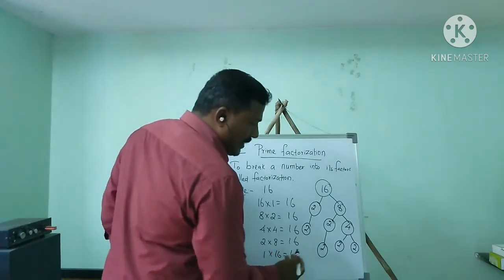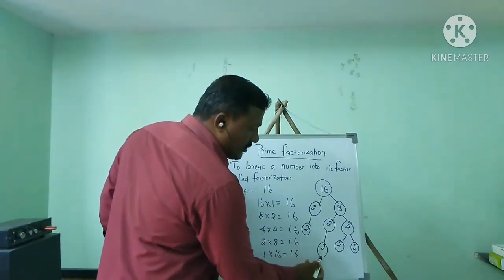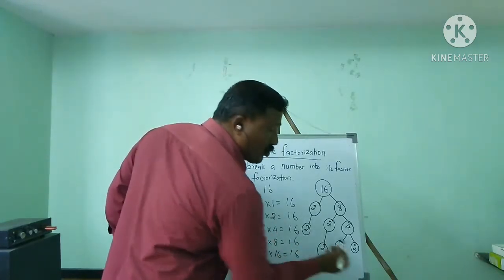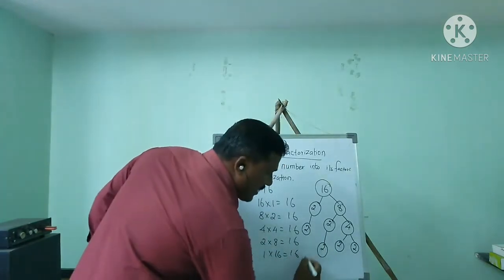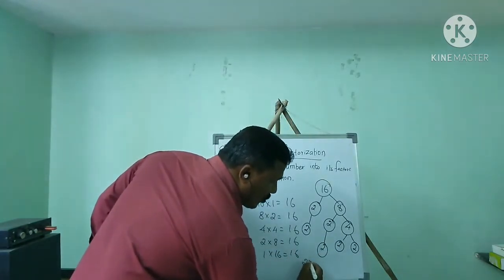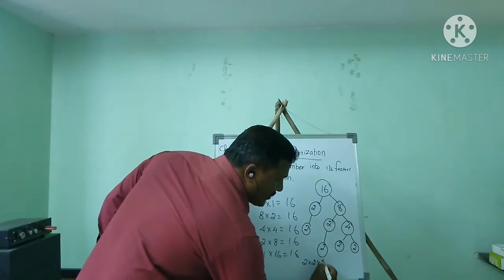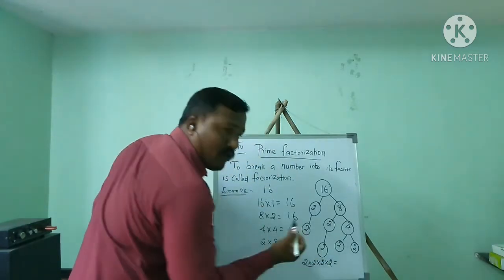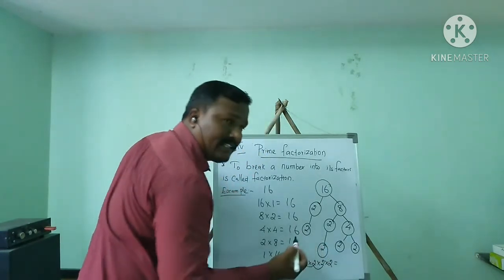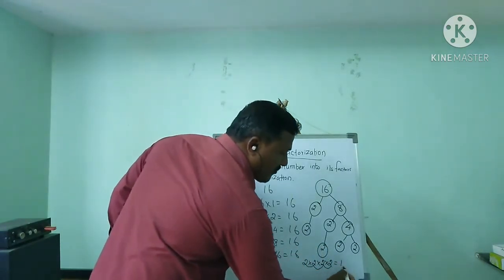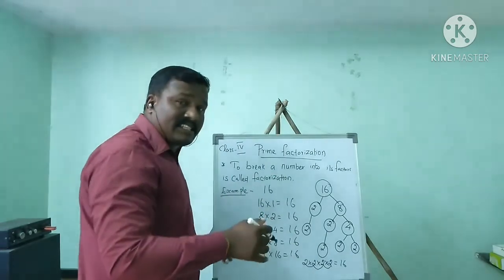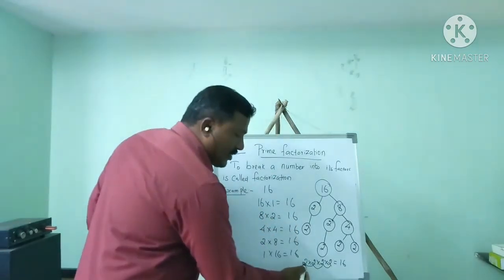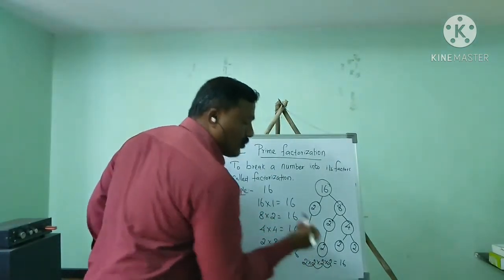So see here finally, 1, 2, 3, 4 twos. If you write all these factors, 2 into 2 into 2 into 2 is equal to, listen, 2 twos are 4, 4 twos are 8, 8 twos are 16. So we can write 16 like this, 2 into 2 into 2 into 2.